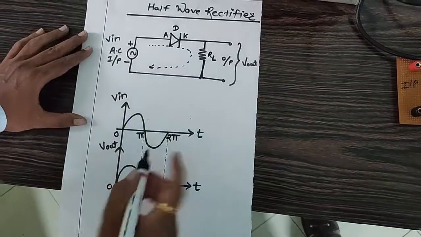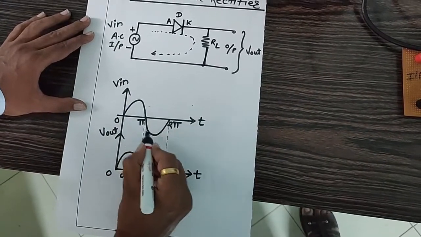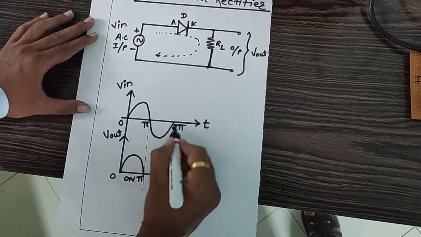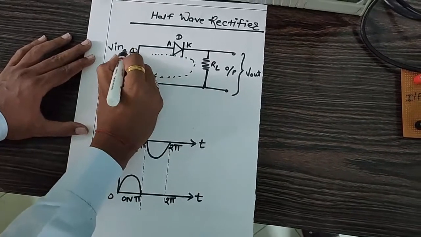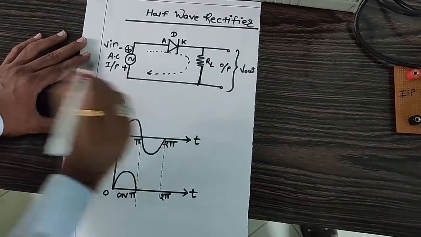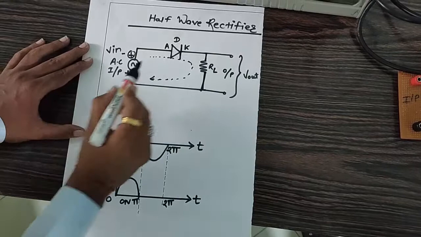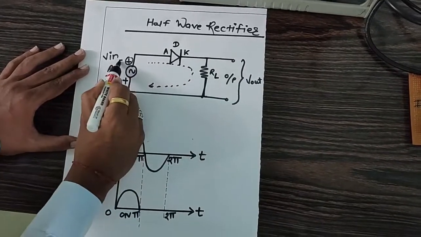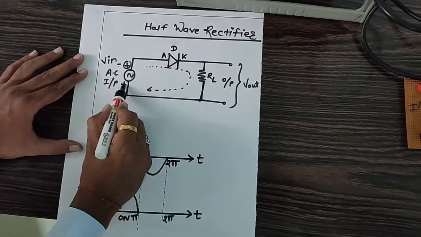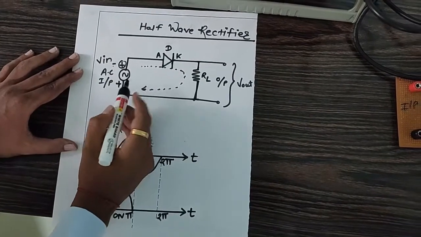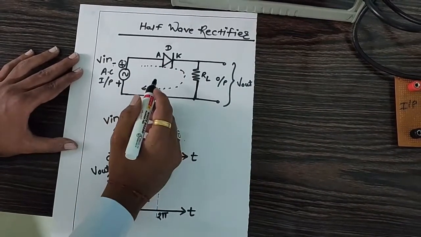Similarly for the next condition, that is from pi to 2 pi, the polarity will change, means this terminal will be negative and this terminal will be positive. Now if you see the polarity, your anode is connected with negative and cathode is connected with positive, which indicates your diode will be in reverse bias condition.